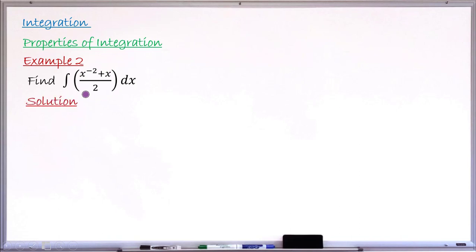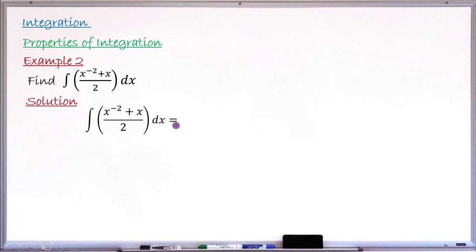Copying the given task, in finding the integral of this function, x raised to minus 2 plus x all over 2 dx, you can see this is an algebraic fraction, and these two terms are divided by 2. This 2 that I have here is nothing but 1 over 2 times this numerator.